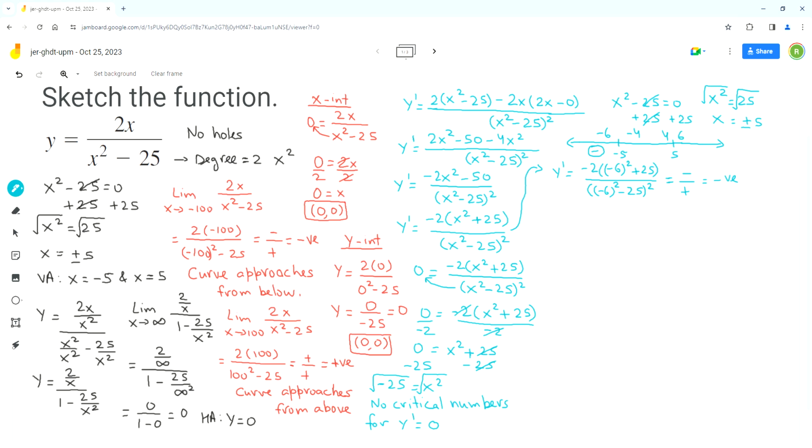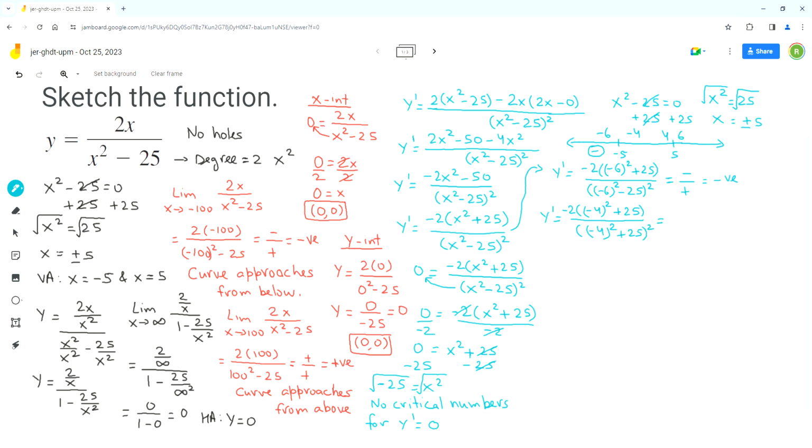Now we can do the analysis on the right side. So we'll sub in x as -4. So -2 times (-4 squared plus 25) over (-4 squared plus 25) squared.